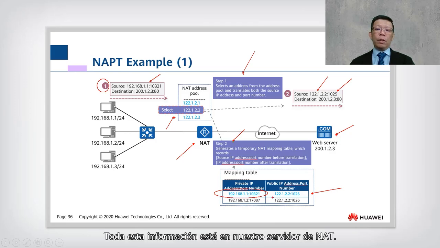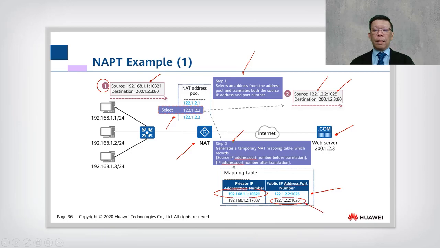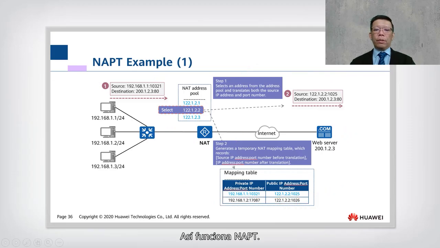All this information is in our NAT server, and you can also see from here that I am actually using 122.1.2.2, but when I reply to 1026 here, you notice my IP address is not 1.1 but 1.2. So this is how NAPT works.